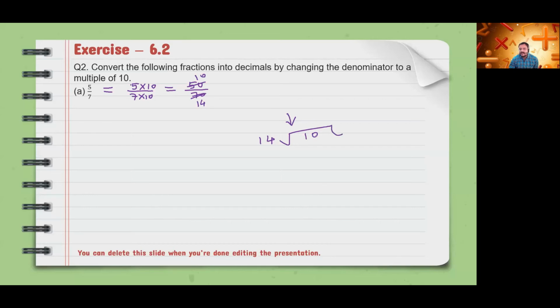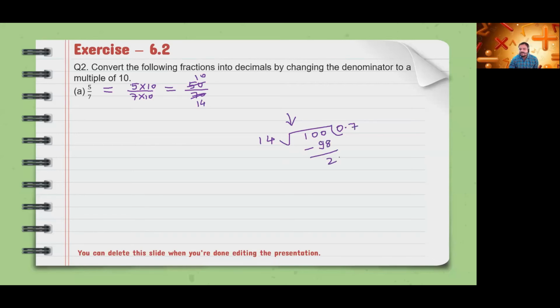See, we cannot divide 10 by 14, so what will we have to take? We will have to take 0 point here, and 10 becomes 100. Now 14, how much is less than 100? 7 sevens are 98, so 0.7 will come here.